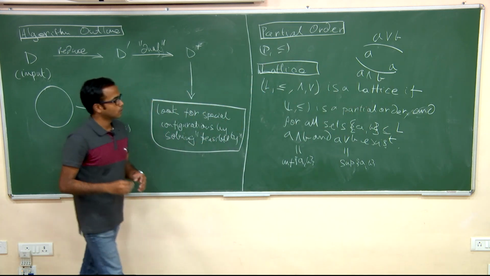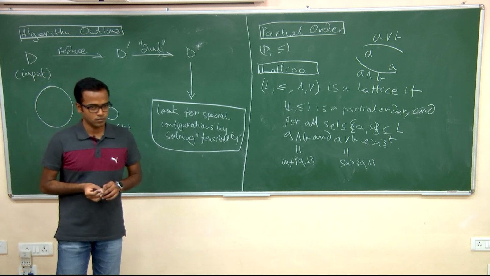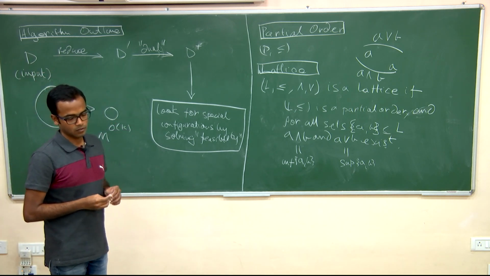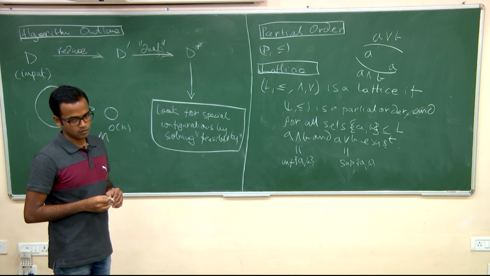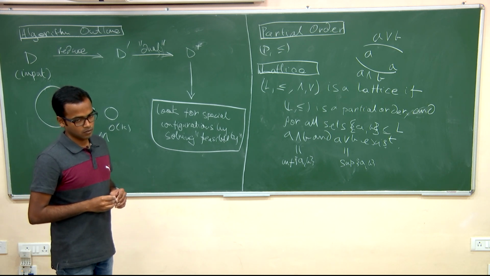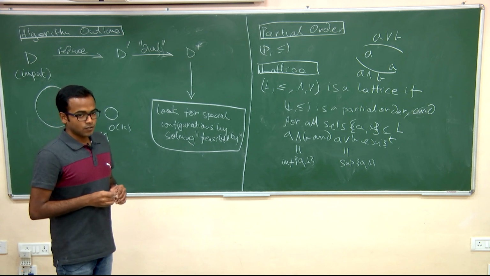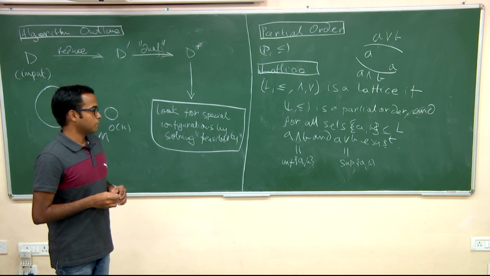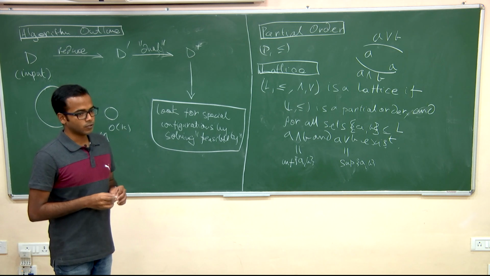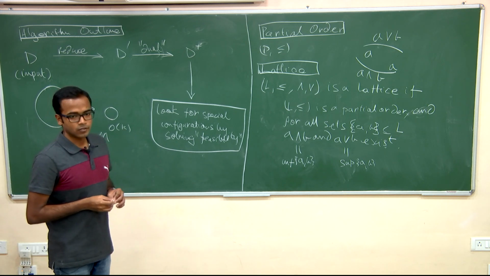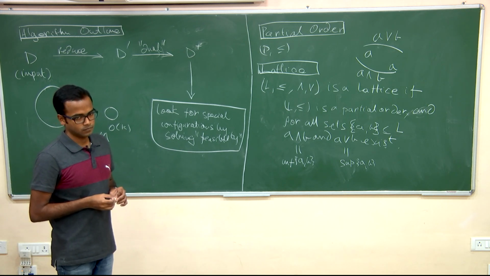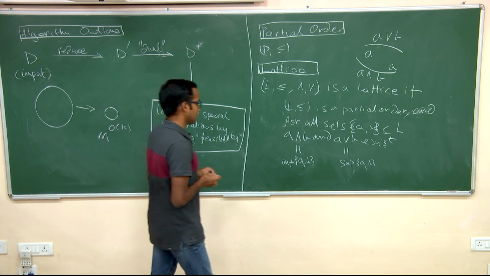In a general partial order, those infimum or supremum are not necessarily unique, right? In a general partial order they do not necessarily exist, but in a lattice they exist.